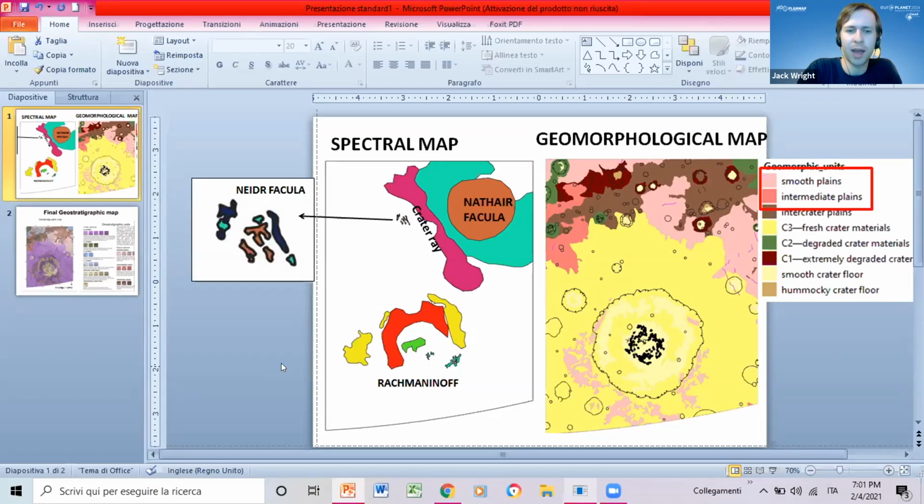When we were looking inside Rachmaninoff, we were looking at those smooth volcanic deposits that must be quite young. They must be some of the most recent things that have happened. And Nathair Facula is young, and it has a clear spectral signature. But the older surfaces in this map have mixed up signals. So I think it is to do with the age. I think that's probably one of the most important factors.